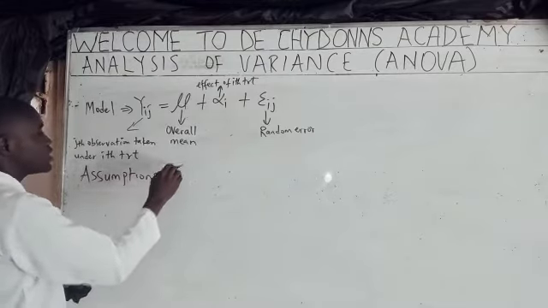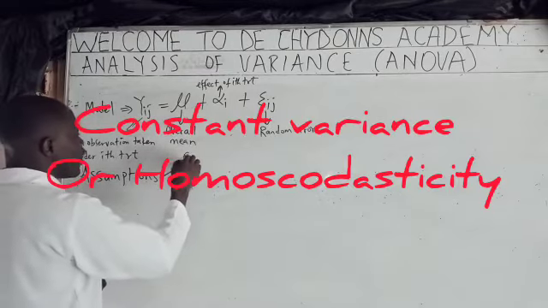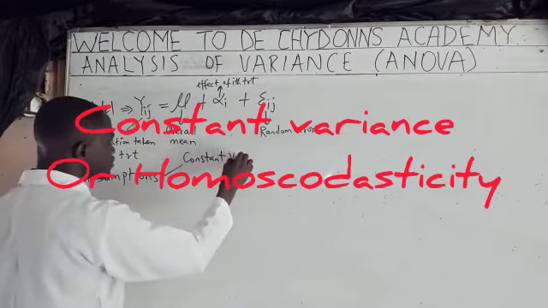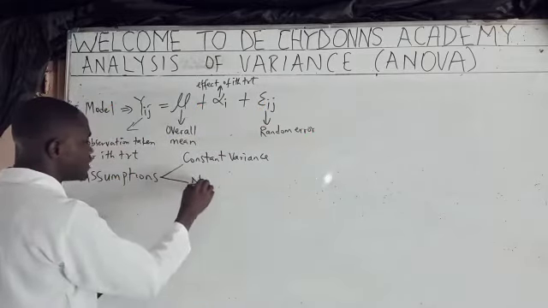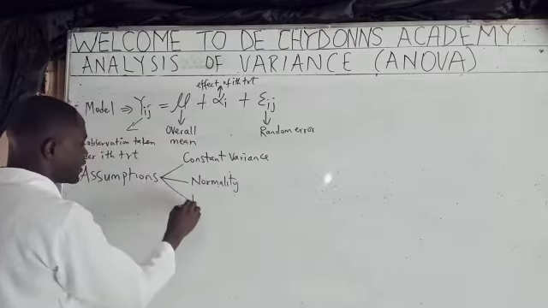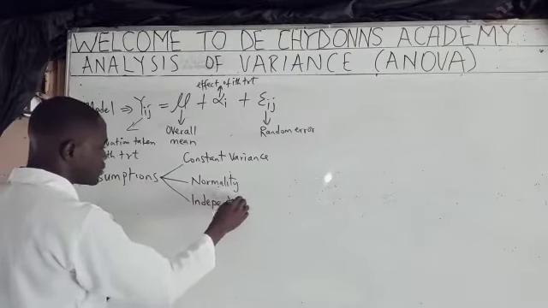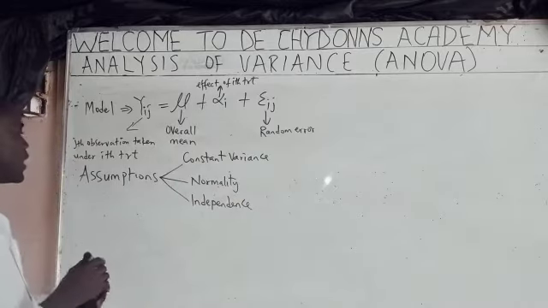The three assumptions are: 1, constant variance; 2, normality; and 3, independence. So note these three assumptions of one-way ANOVA.